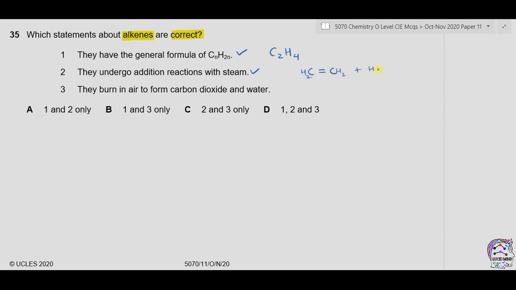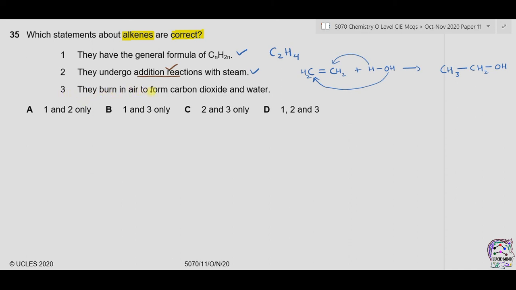Because with steam what happens is that hydrogen atom is attached to one carbon atom and OH is attached to second carbon and double bond is converted into single bond. So alcohol is formed. As no other products are formed, so therefore this is addition reaction.